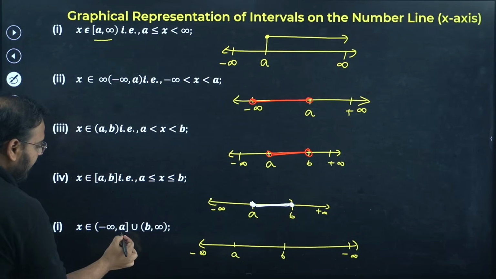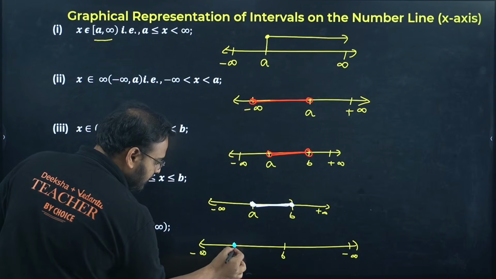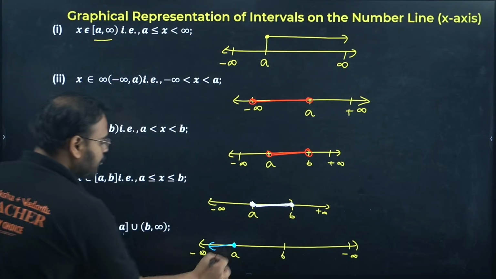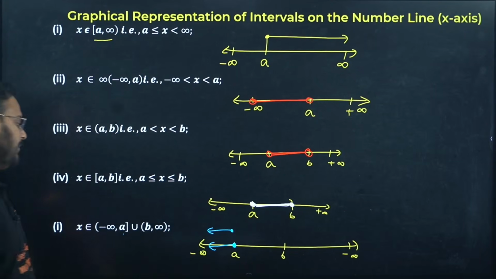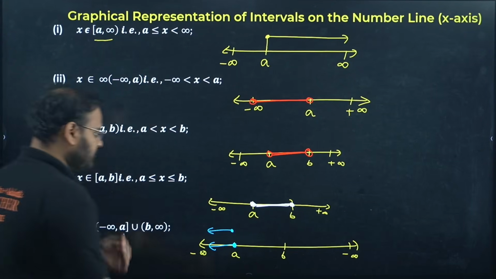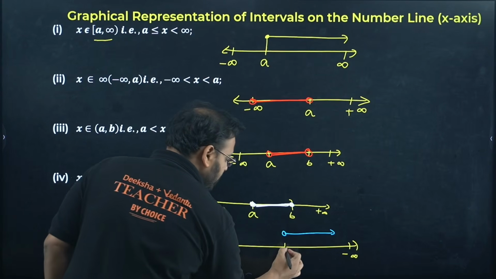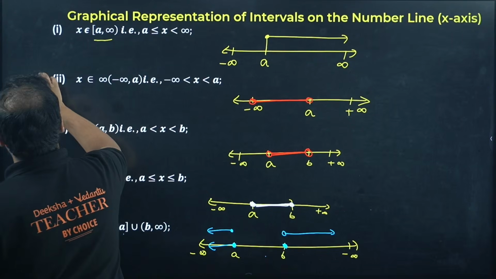This says a is inclusive on this side, so you put a full dot at a and move towards this side. This means closed at a and move towards negative infinity. What about this? Open at b, and move towards positive infinity. So on the number line, this is how you show it.